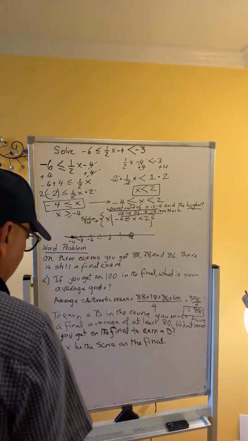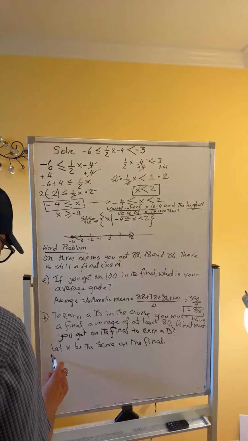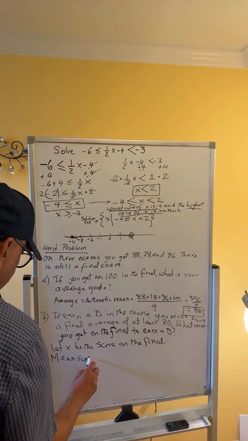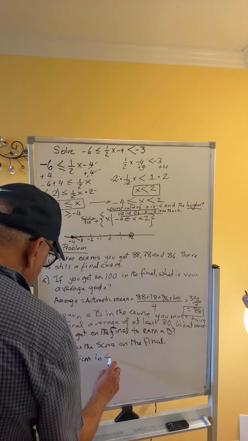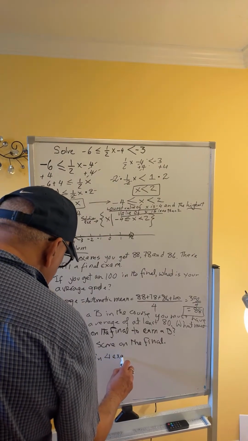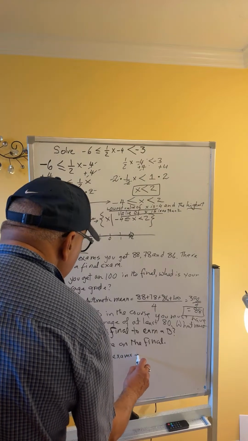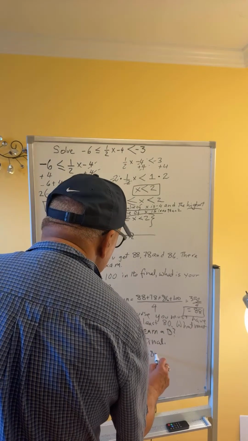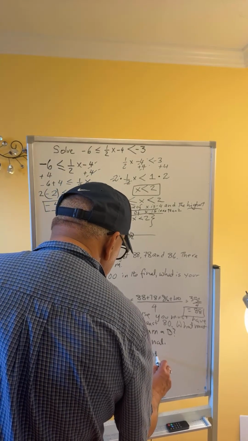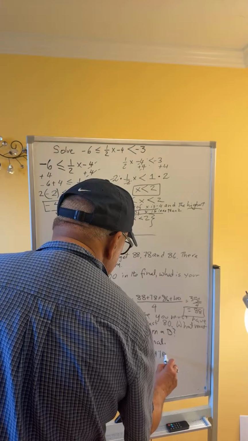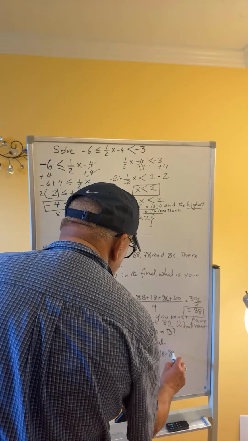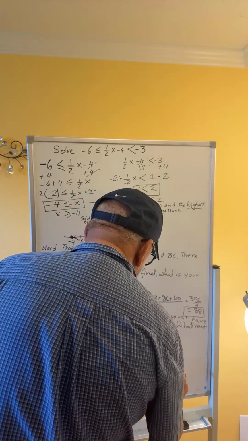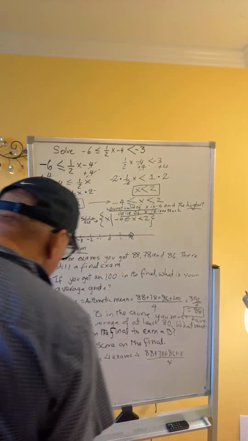Okay, so the mean score in 4 exams is 88 plus 78 plus 86 plus X divided by 4.